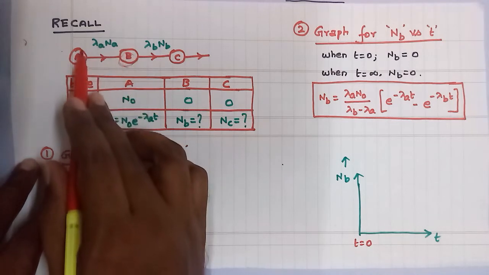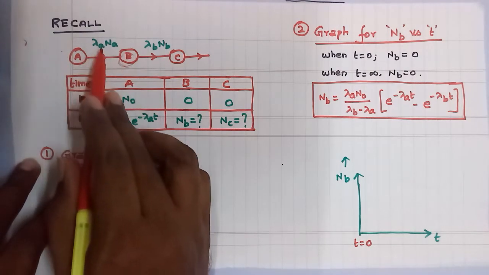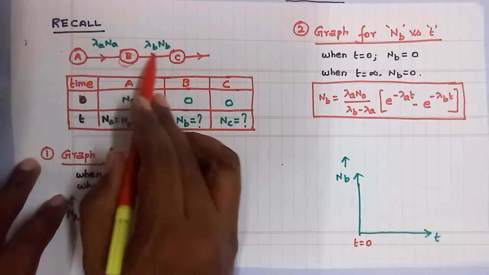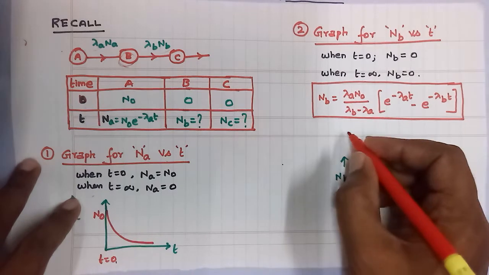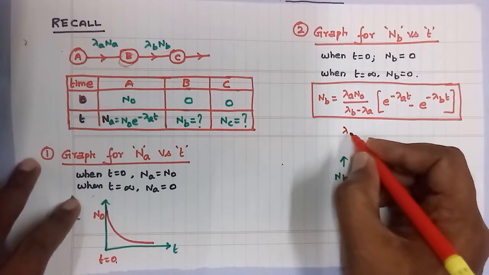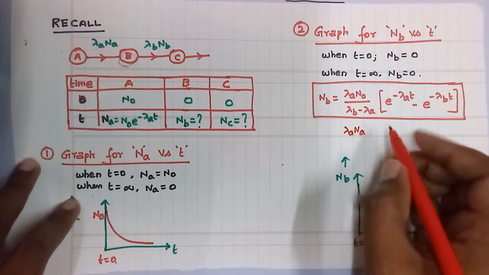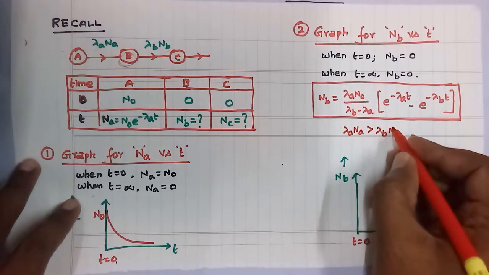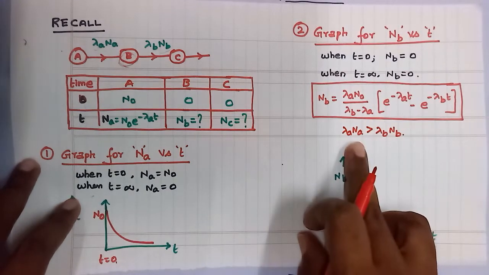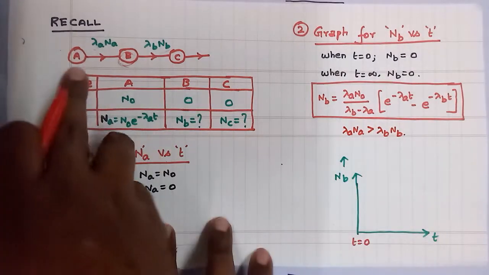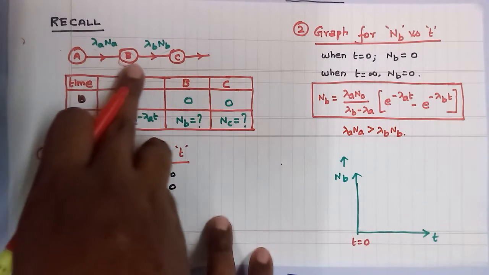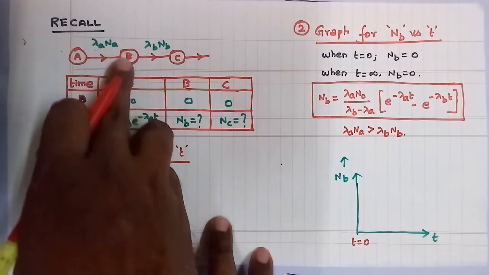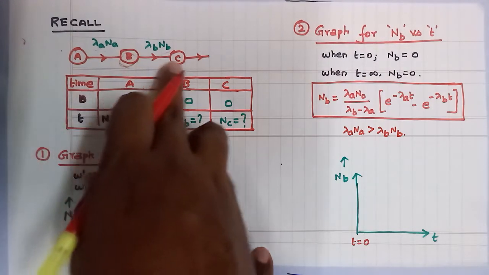Comparing A and B, A will have more nuclei, so the activity of A will be higher than the activity of B. So initially the activity of A, lambda A Na, will be greater than the activity of B, lambda B Nb. At that time, there will be more decaying of A than decaying of B. It says that the formation of B is higher than the decaying of B.